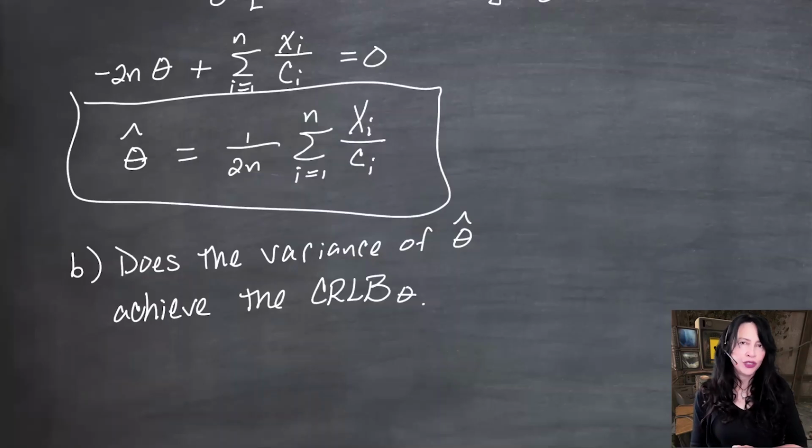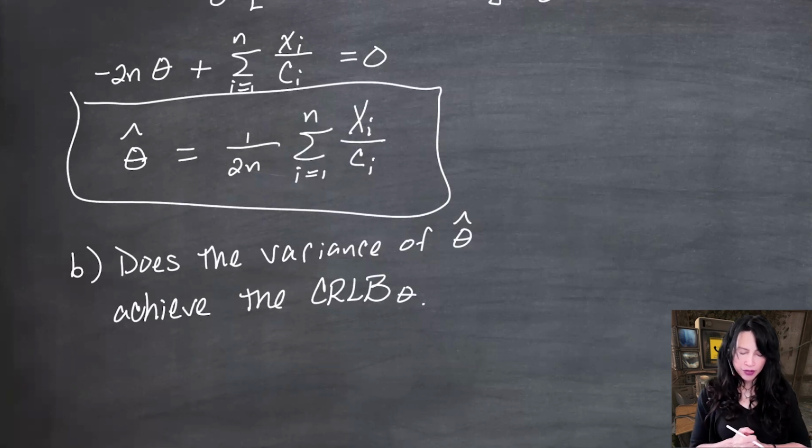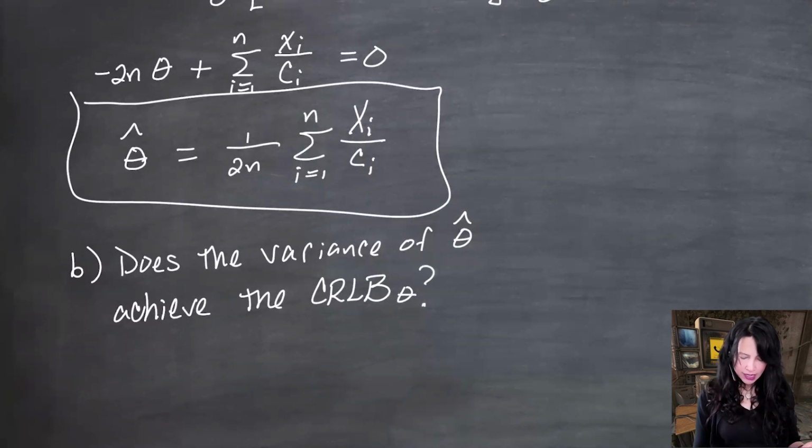The variance of an unbiased estimator should be larger than the Cramér-Rao lower bound. And if it's efficient, we should get them equal. What this question is asking is: find the variance of this estimator, find the Cramér-Rao lower bound, and compare them. Are they the same or not?